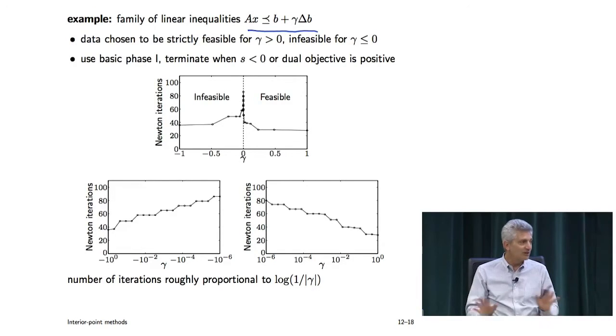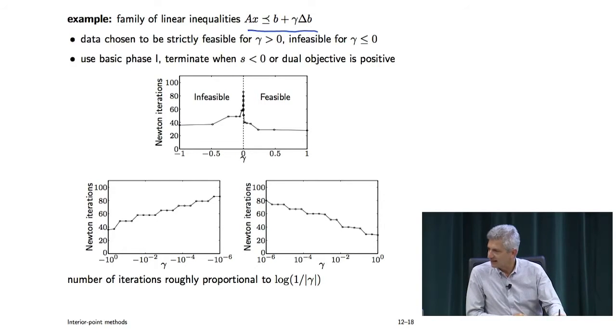Actually, there are some pathologies, but that's a different story. It's a pathology and it's your fault anyway, or something like that. If you're using barrier, the general pathology is that Slater is not satisfied, and that'll do the trick. But using other methods that don't care about Slater, you get the same thing.